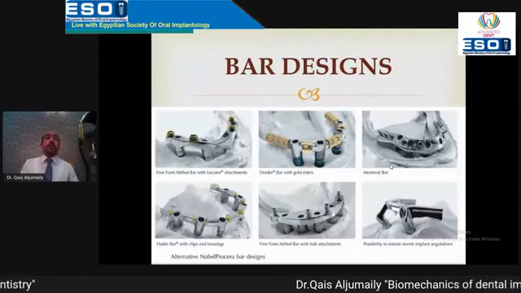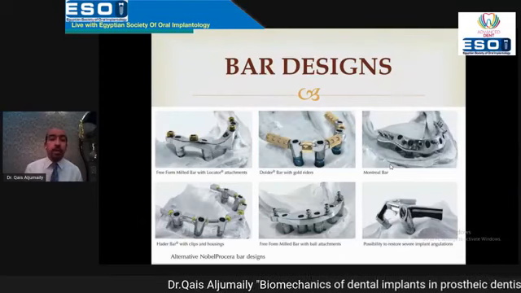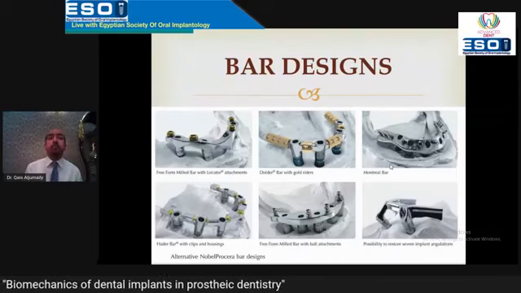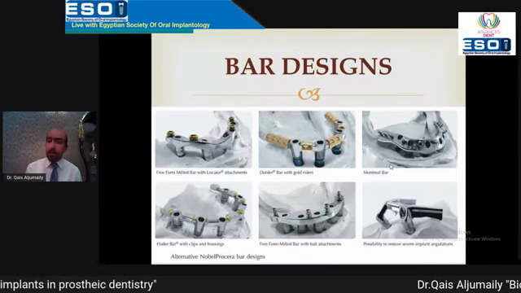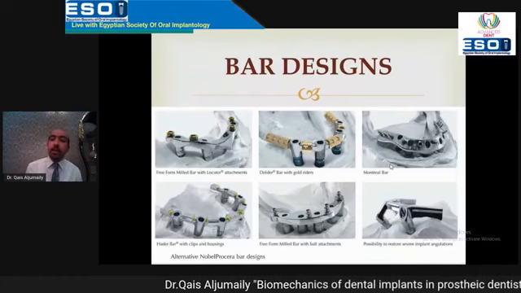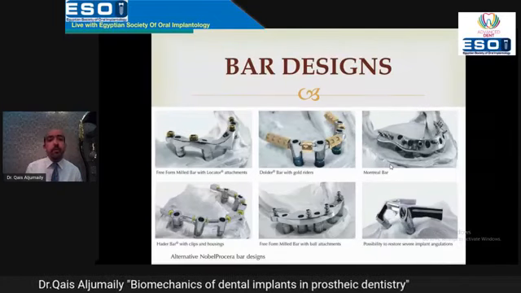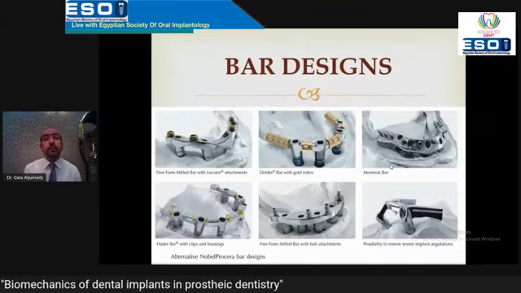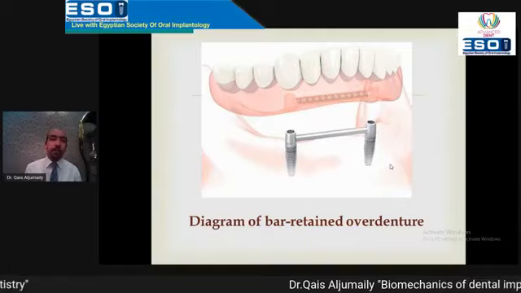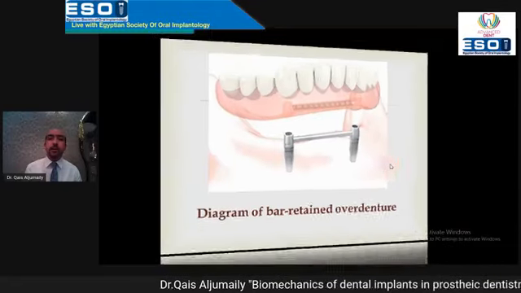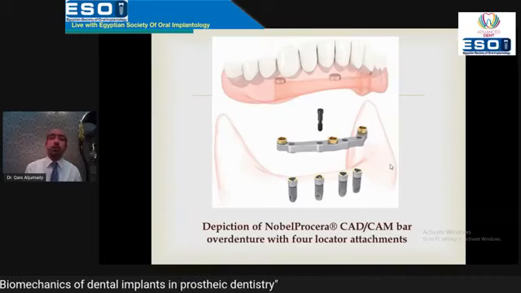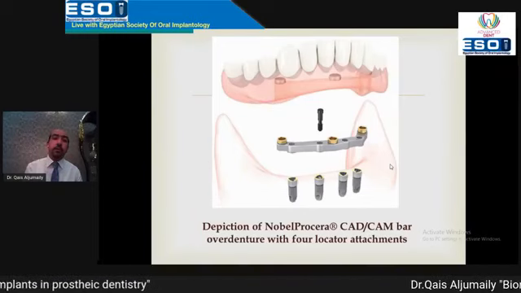And also we have, for the completely edentulous patient, an overdenture, like bar designs. Here we have different designs of the bars that the complete denture could be retained over our fixtures by the use of different types of attachment, either to use a bar over 2 implants or a bar over 4 implants.